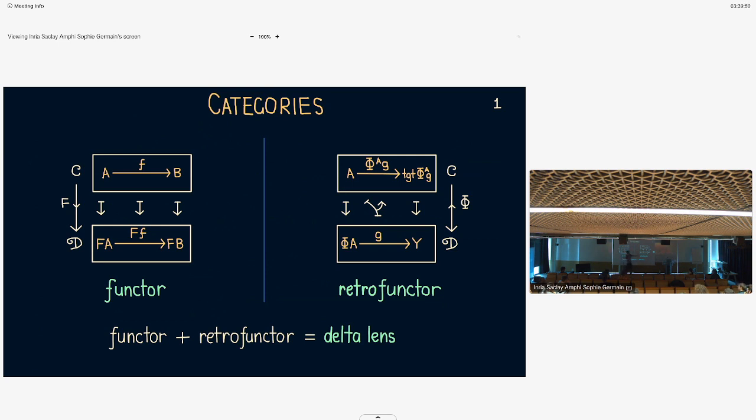So the condition is if you lift via phi and then you apply F, you get back to what you started with. Then the result is called a delta lens, or more specifically an asymmetric delta lens. And so this is the starting example from which we're generalizing.